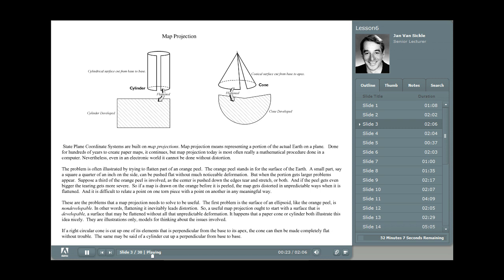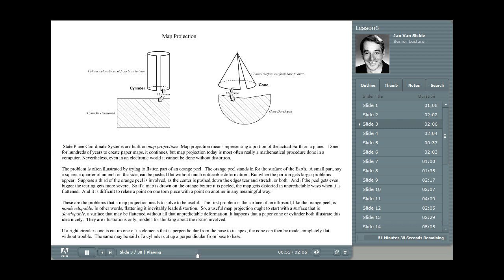And you see an example here of two developable surfaces, a cylinder and a cone. The cylinder being used in Mercator and transverse Mercator, and the cone in Lambert conic, which are the two that are most common in state plane coordinate systems. Of course, there is one oblique portion of state planes. That's the panhandle of Alaska.